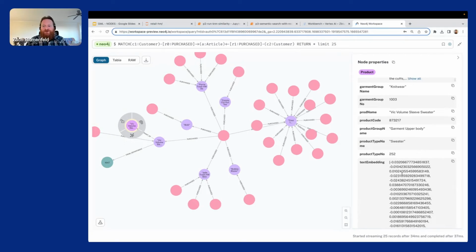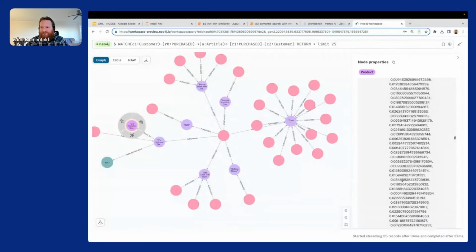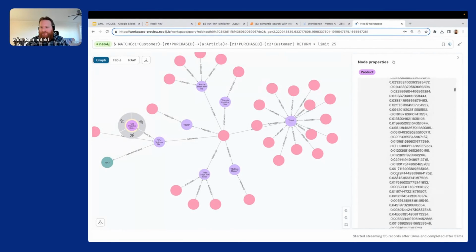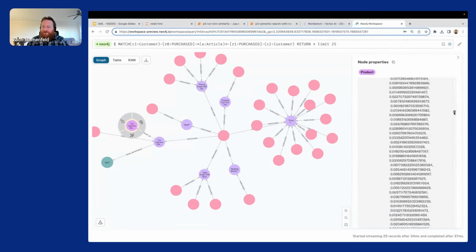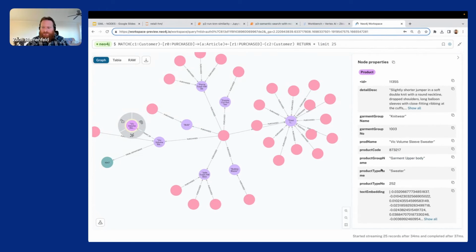These embeddings are generated on the product descriptions, which if I go all the way down, so here it is, it's on top, of course. So it's an embedding of the description and some of this other metadata concatenated together.